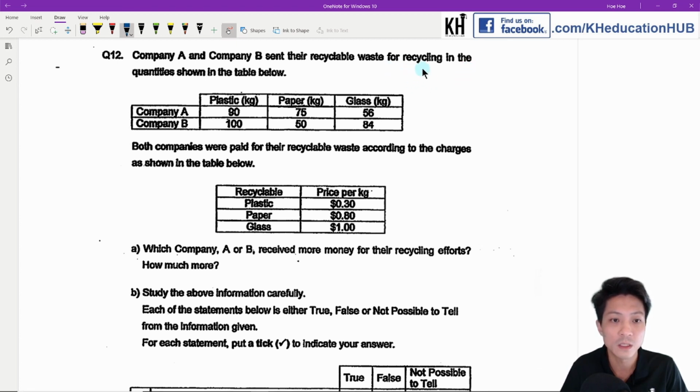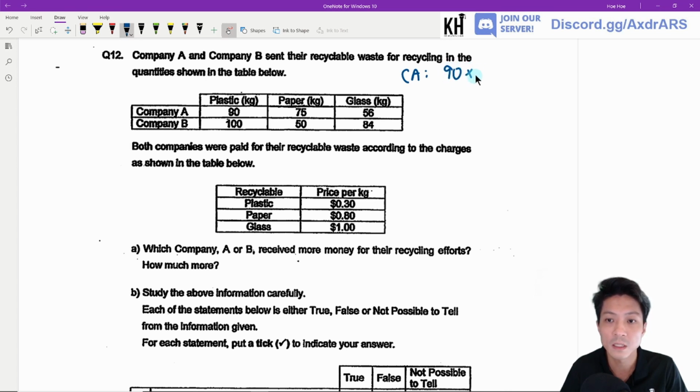Let's do A over here. Company A. Okay, plastic is 90 kg, right? So the first thing would be to use 90 times 0.3, okay, plus 75 times 0.80 plus 56 times 1.